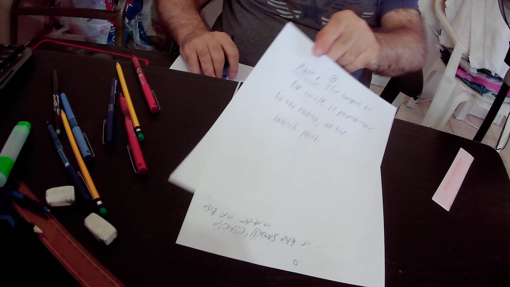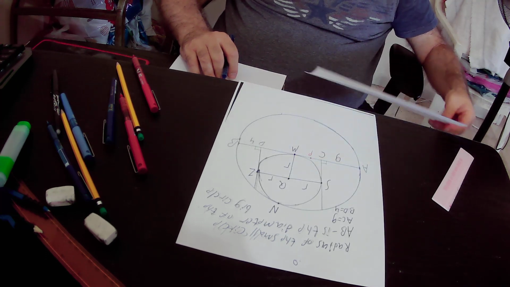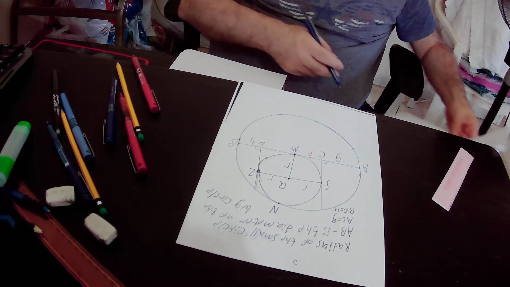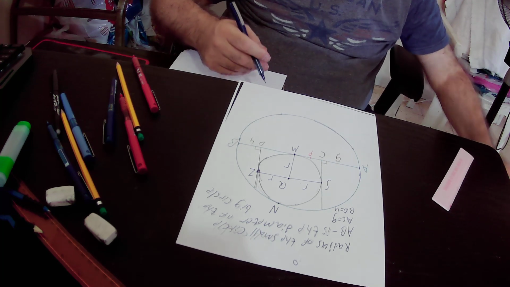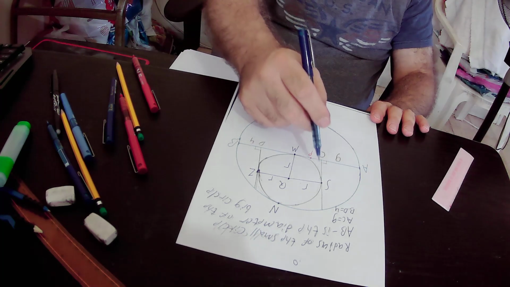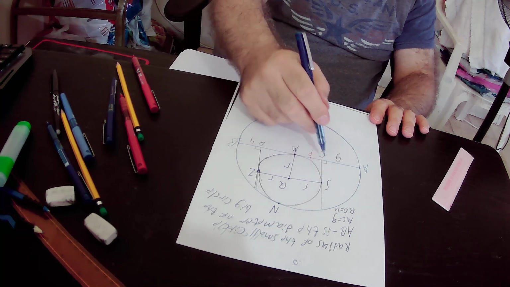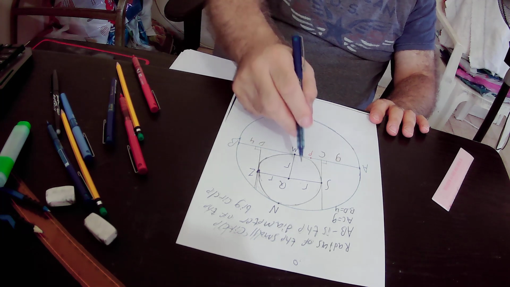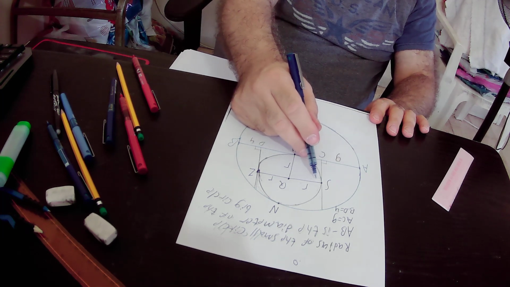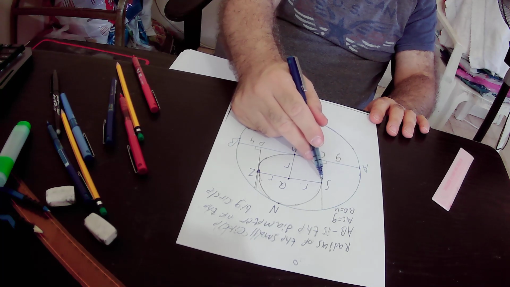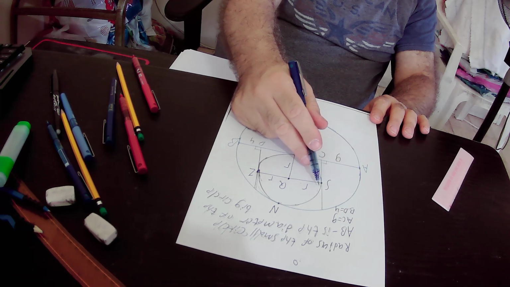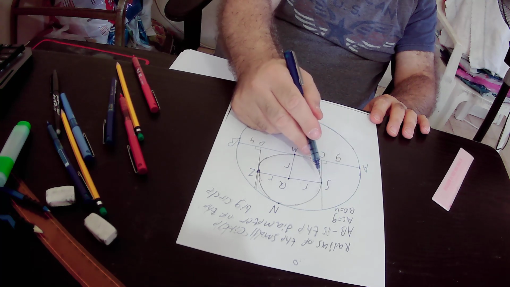Okay, so what is the meaning of rule number 1? Actually, rule number 1 states that if you draw a radius to the point of tangency, then the tangent will be perpendicular to the radius. So here the radius is drawn to point S, the point of tangency between the circle and the tangent to the circle.